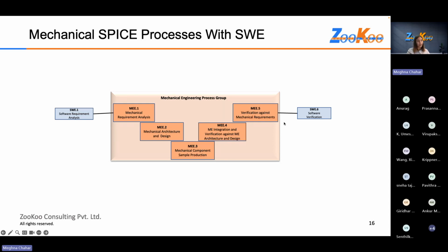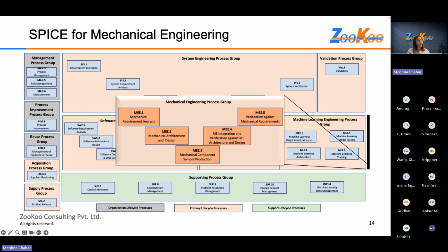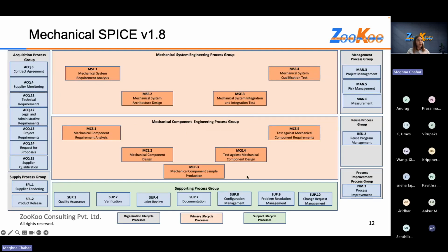Before I go ahead, another point: if I go back to the previous version, on the right side of the V were the testing processes. We had tests against a mechanical component, tests against mechanical component requirements, or against your mechanical system qualification test.